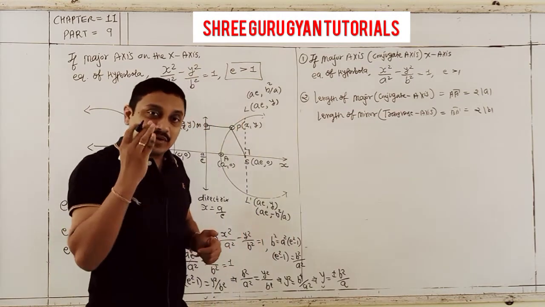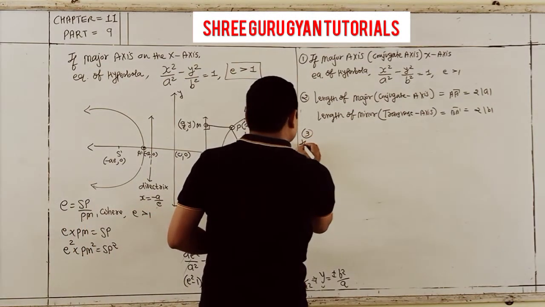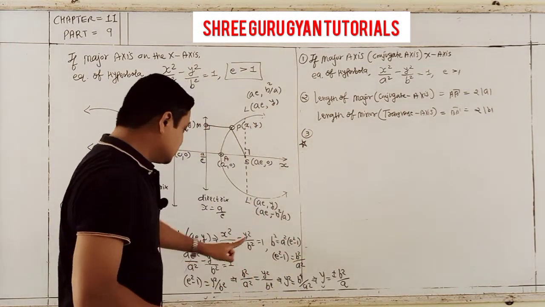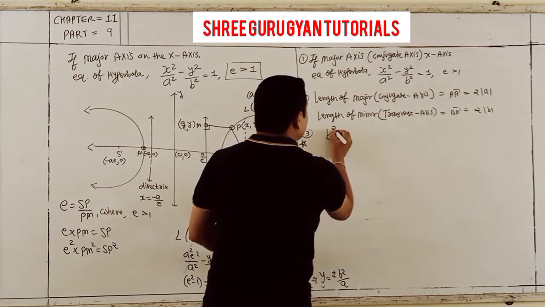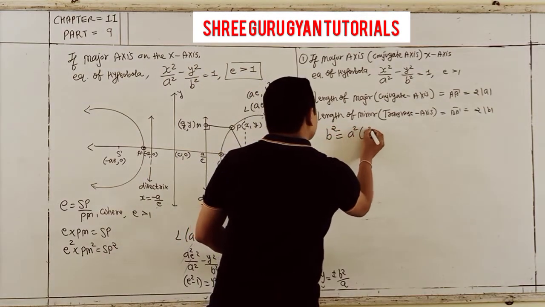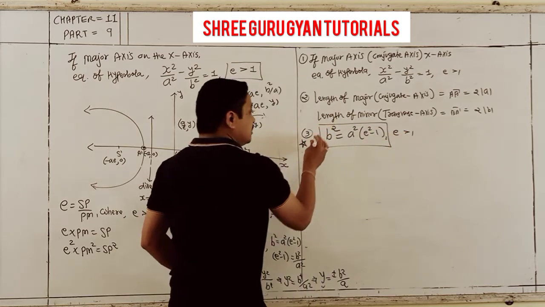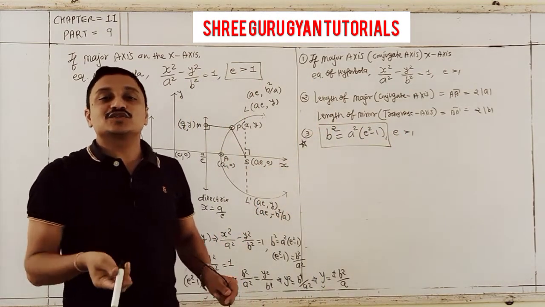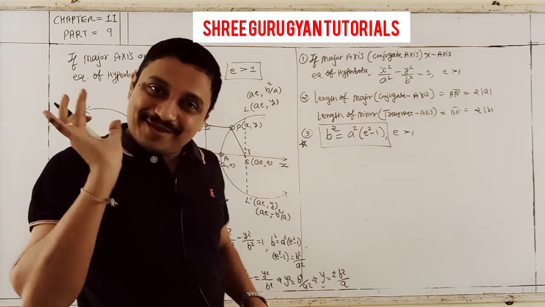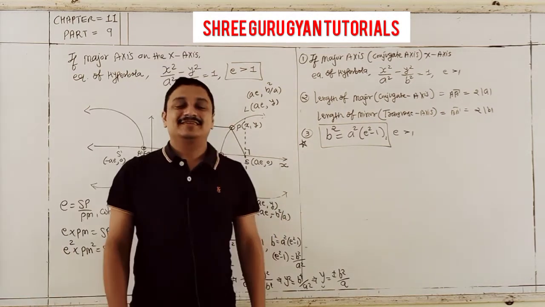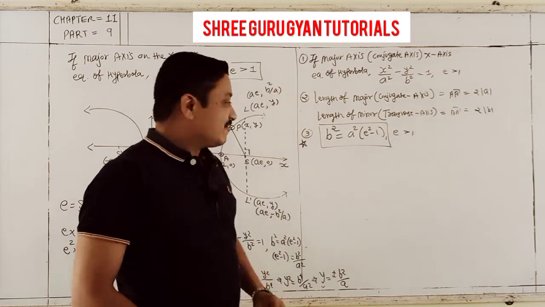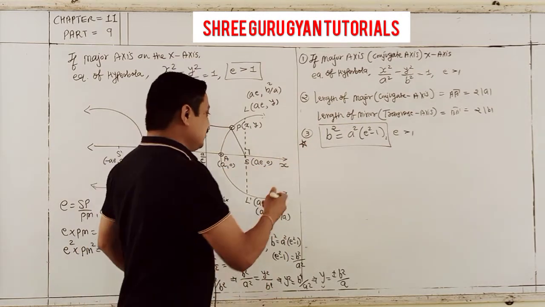Similarly students, now I go to point number 3. This is the main point of these equations. B square is equal to a square times e square minus 1, e more than 1. These conditions are necessary and used in the parts of every numerical of our hyperbola. Now students, after the 3rd point we go ahead to the 4th one.